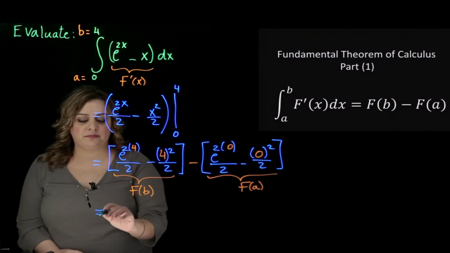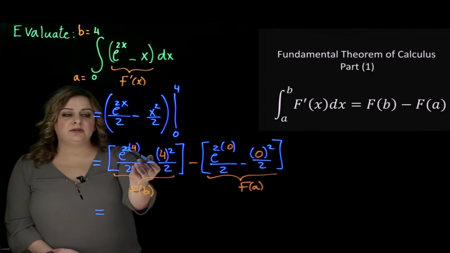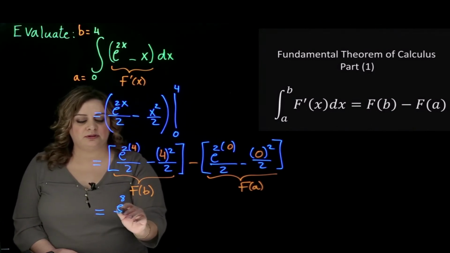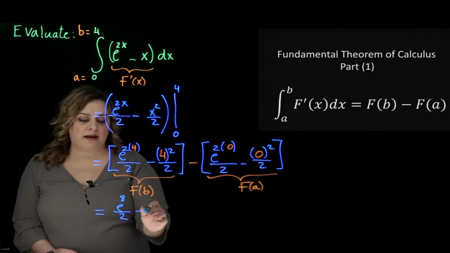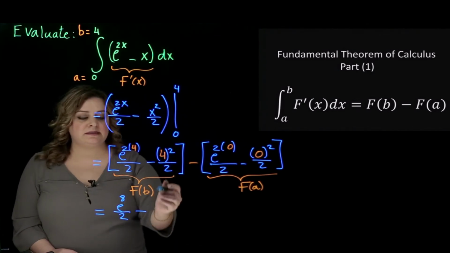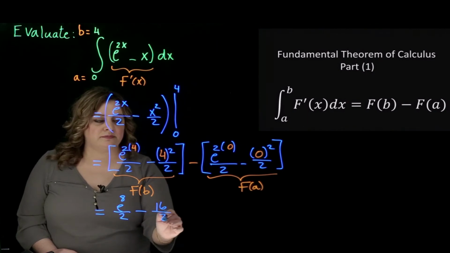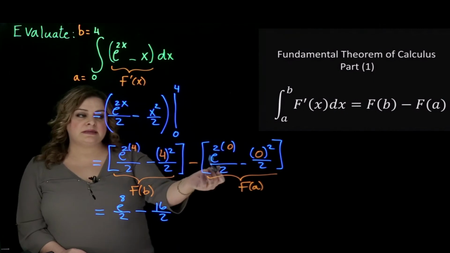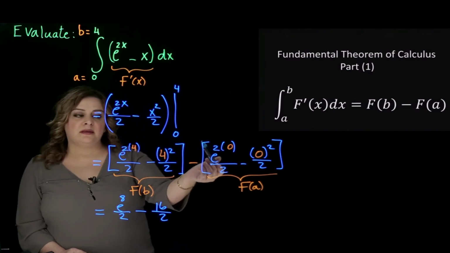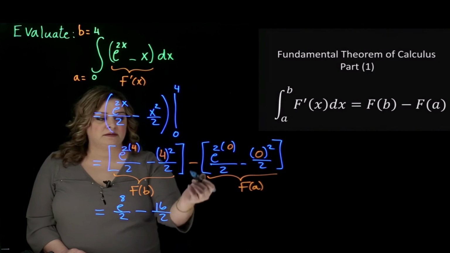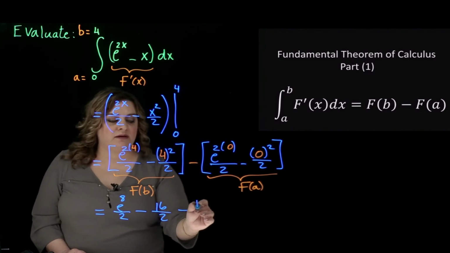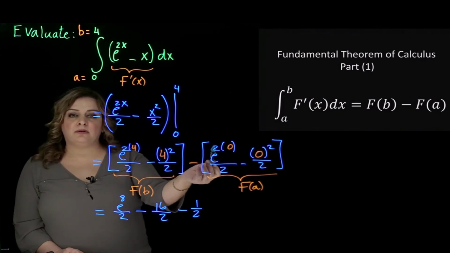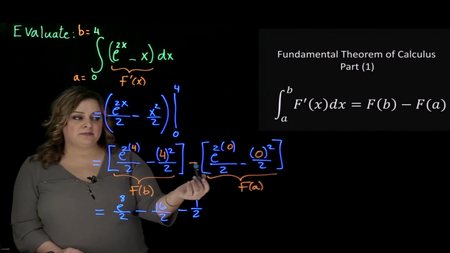Simplifying, e to the 2 times 4 is e to the 8 over 2, minus 4 squared, which is 16, over 2. e to the 2 times 0 is e to the 0, which is 1, times negative is -1/2. Any number raised to the power of 0 is just 1.